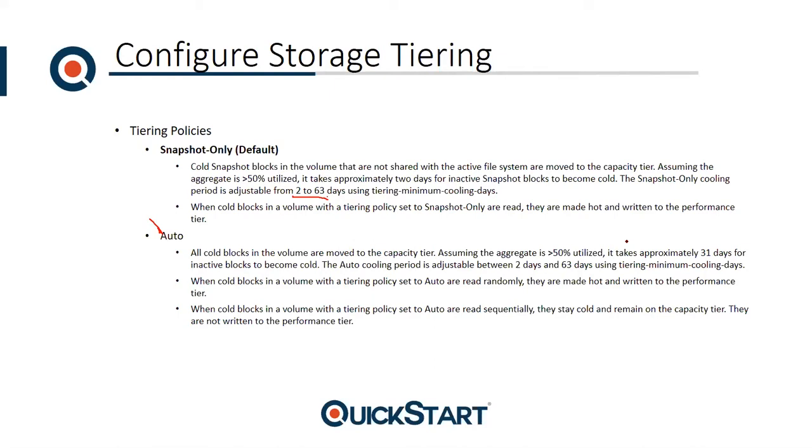If it is being accessed through a sequential read, like a backup or an indexing type process, then the system's smart enough to recognize that the data is still really inactive. They're just reading through it for these other processes that are trying to read through everything, so we're just going to keep that data where it is. So auto is smart enough to understand the different types of access to the files and change their status to hot or cold as appropriate.